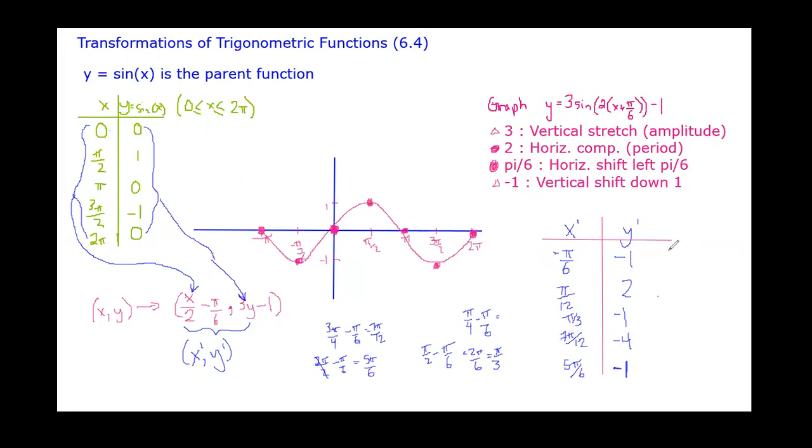Okay, so really what we've now done is we've generated these different points, or our function mapping points, which are negative pi by 6, negative 1, pi by 12, 2, pi by 3, negative 1, 7 pi by 12, negative 4, 5 pi by 6, negative 1.